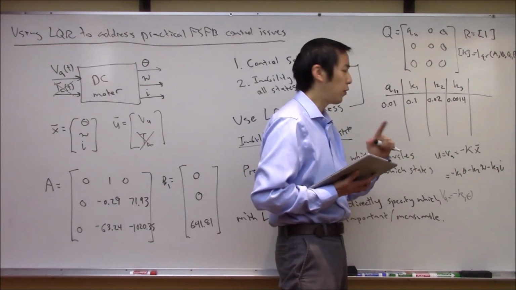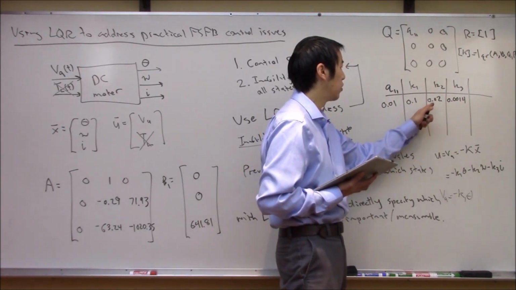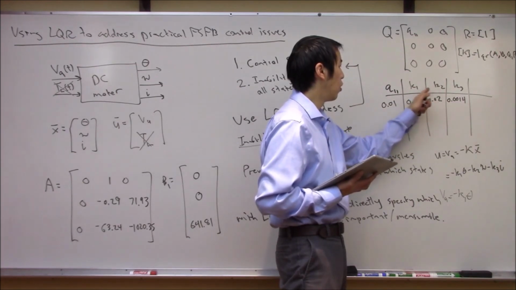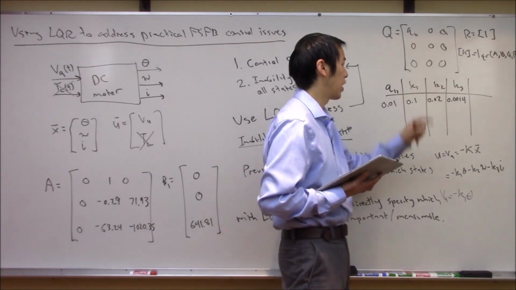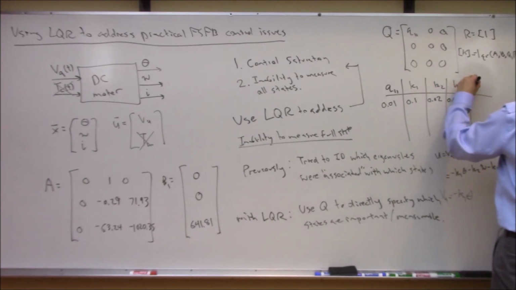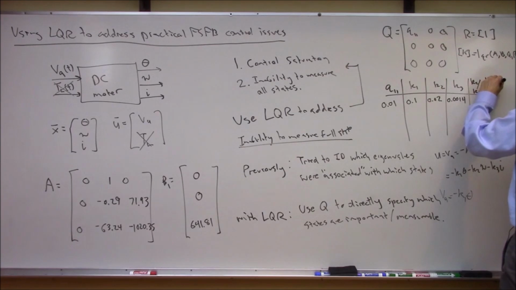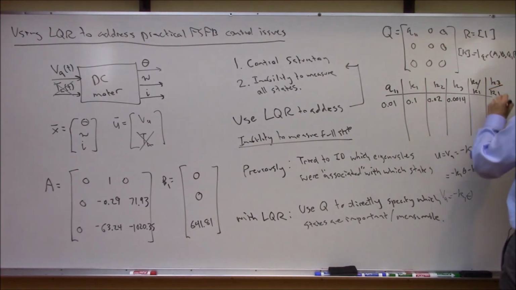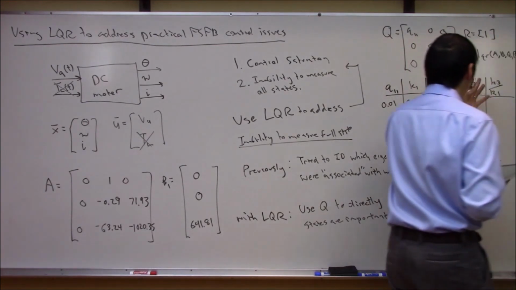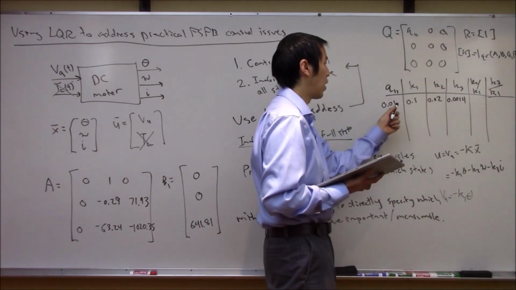So what might be useful is to look at the ratio of K2 over K1 and K3 over K1. So let's write that down. K2 over K1 in this column, and sorry, this should be K3 over K1, because this gives us an idea of how big K2 and K3 are relative to K1.